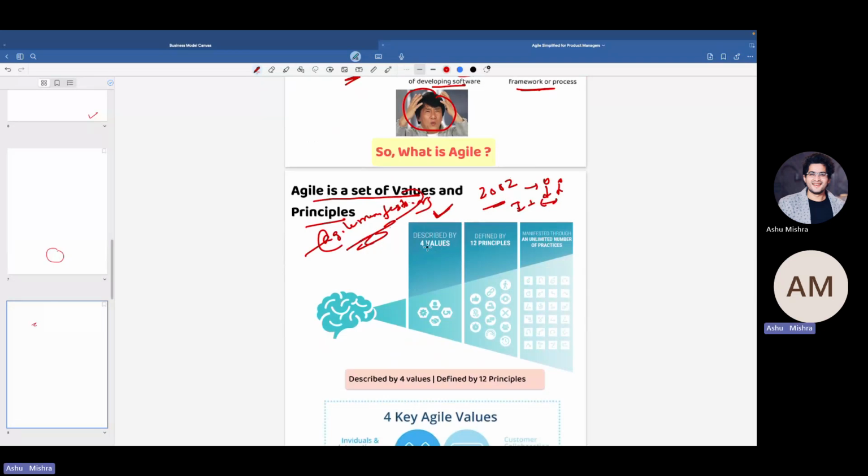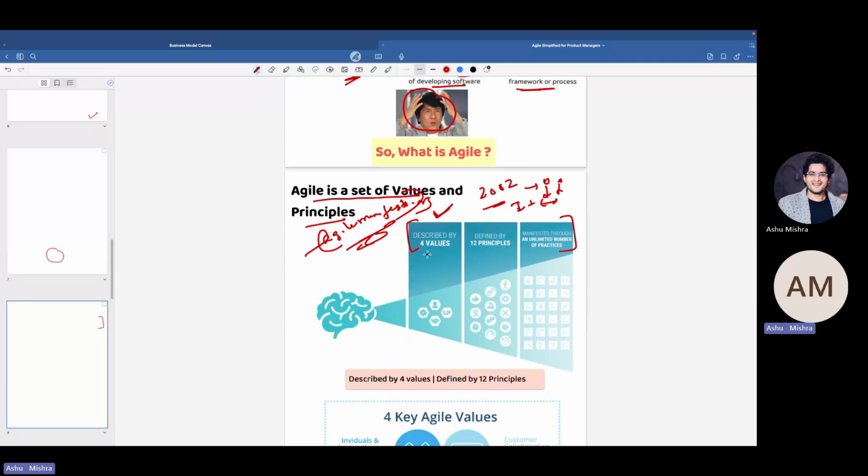What they did was imbibe a philosophy, values and principles, and jot them down so that future generations can realize what the con of waterfall was and not get into it, right?